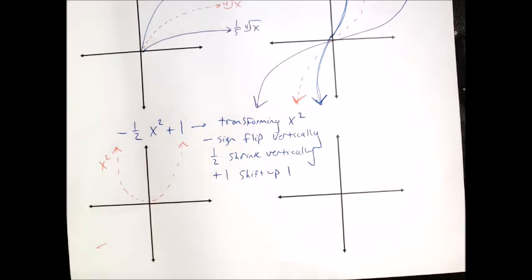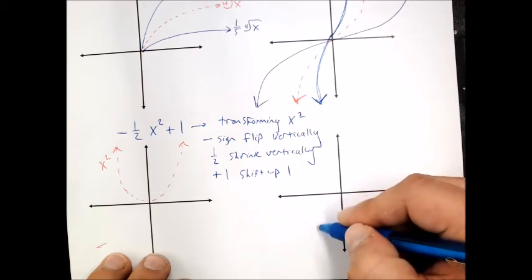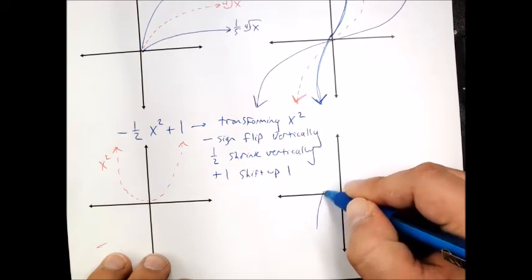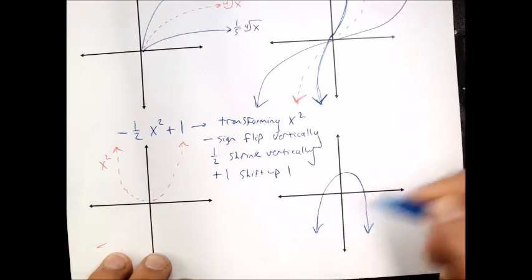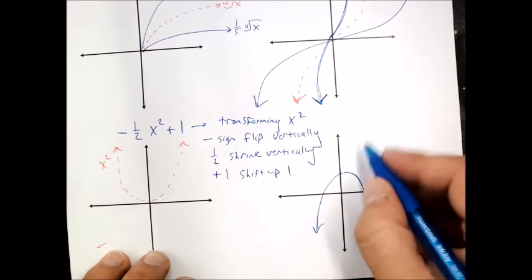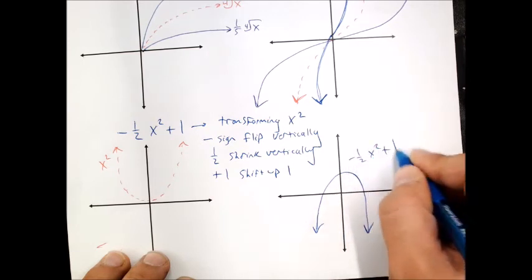And so when I do that, I think it looks something like this. So that's going to be my minus 1/2 x squared plus 1.